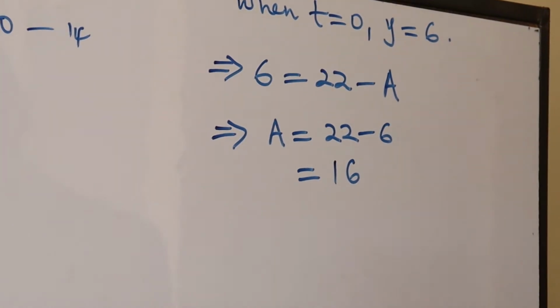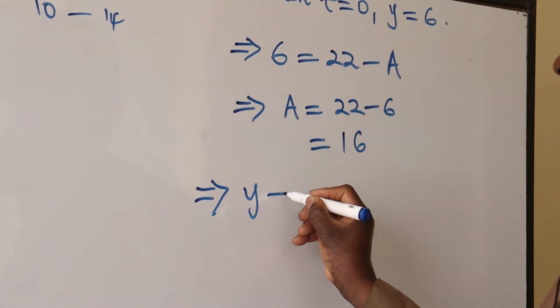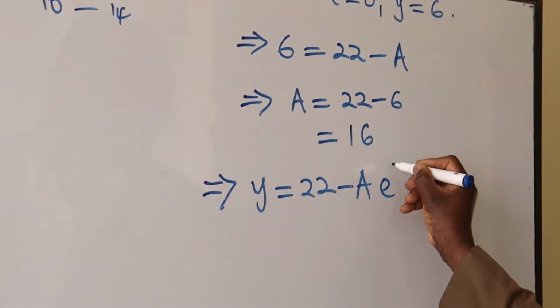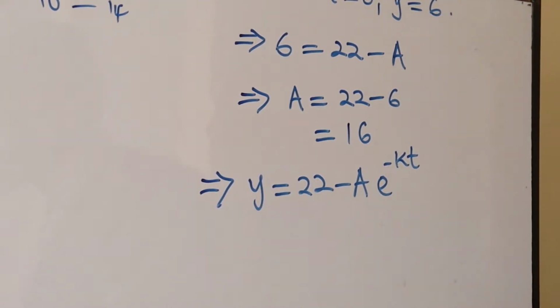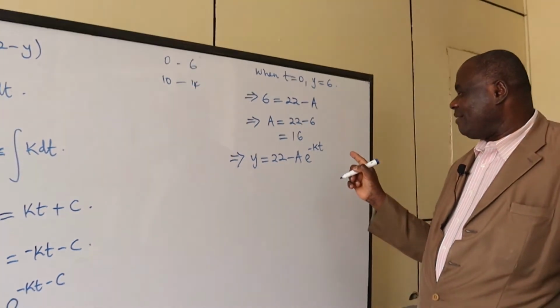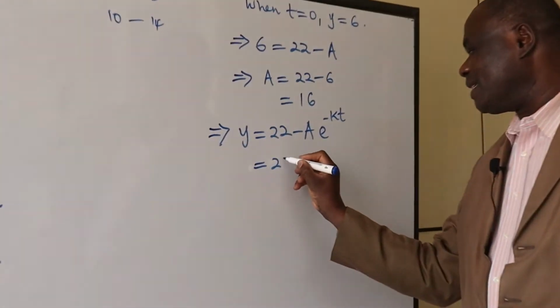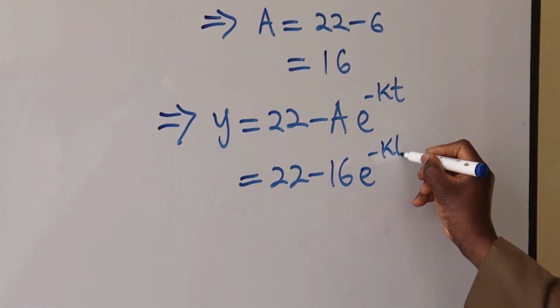So we've got a. So our y is equal to 22 minus a e power minus kt, which will be equal to 22 minus 16 e power minus kt.